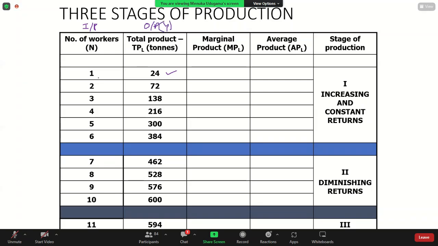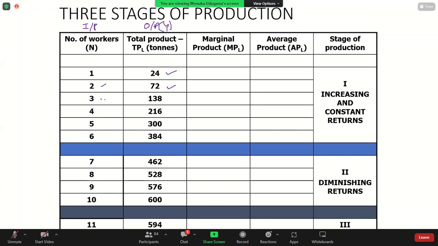Because workers are a variable input, 1 worker gives you 24 tons of output. Then you employ another worker in the production process. You get 72 tons of output.